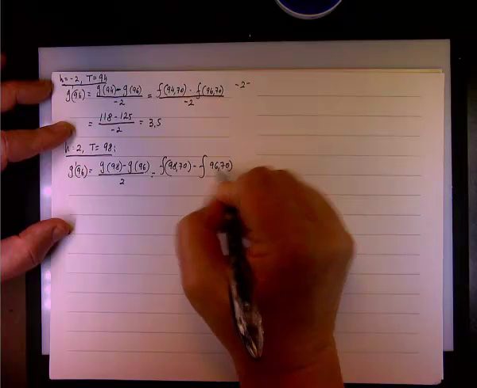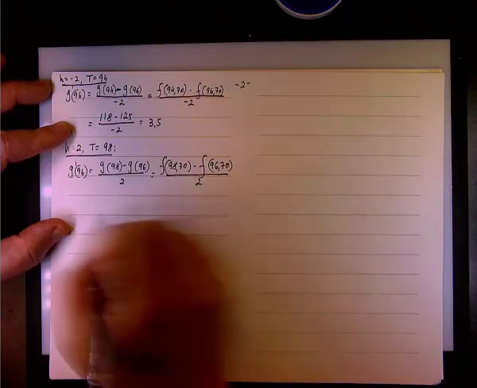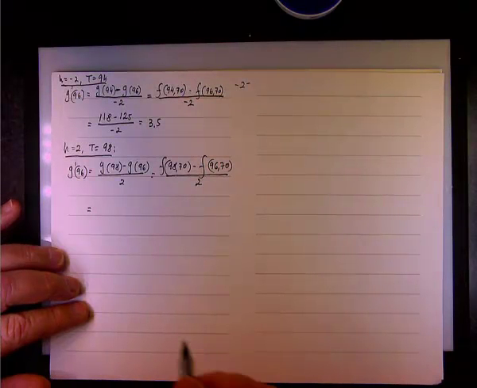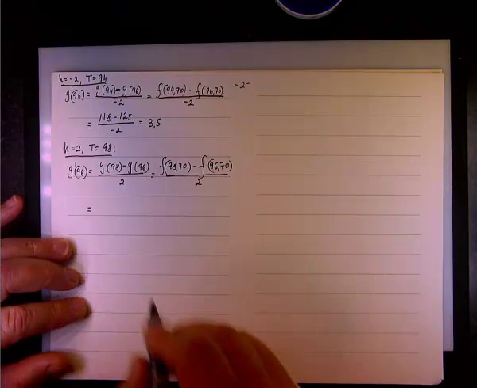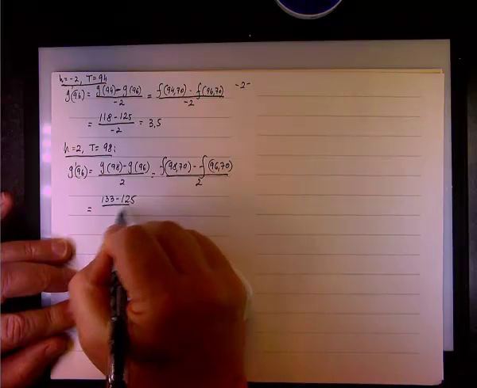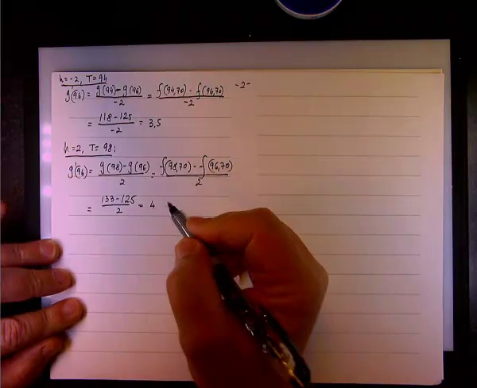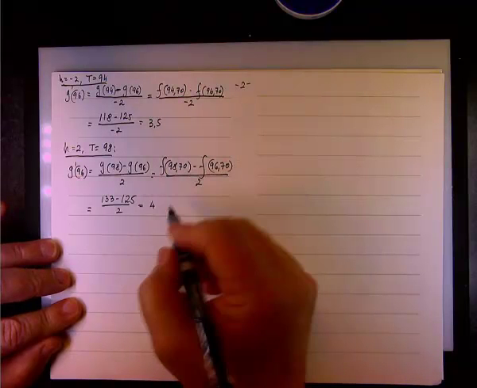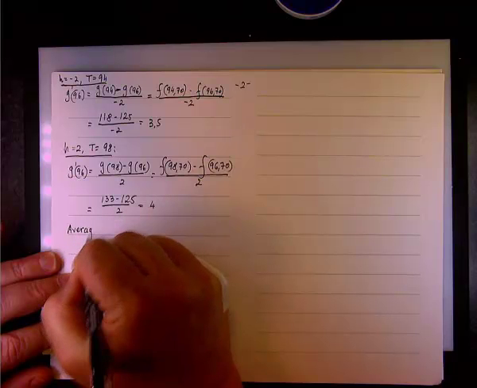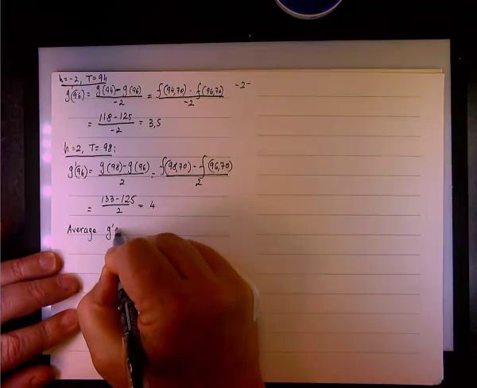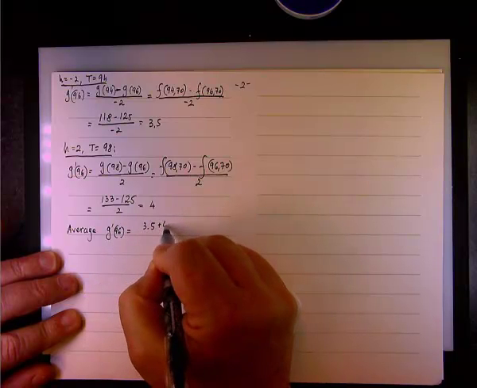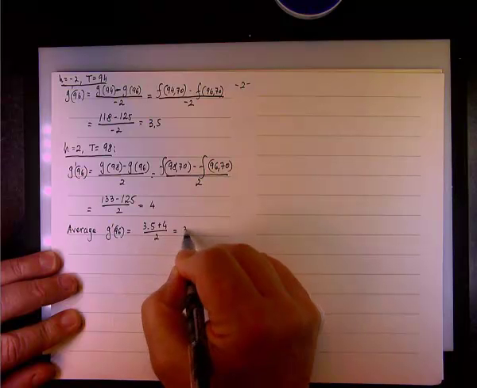So g prime at 96 will be g of 98 minus g at 96 divided by +2, or f of 98, 70 minus f of 96, 70 divided by +2. Looking at the temperature at 98 degrees, the heat index is 133. So we are looking at 133 minus 125 divided by 2, or 8/2, so it's 4.